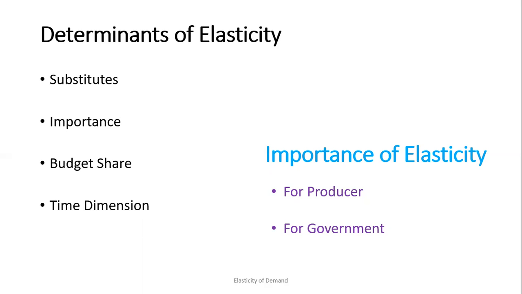Similarly, a monopolist charges a price in a region of the demand curve where its elasticity of demand is more than 1. Sorry, where its demand curve is more elastic.